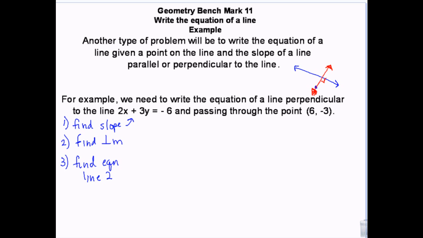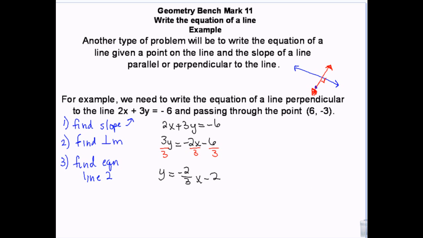So my first step, I move my x over, so I have 3y is equal to -2x minus 6. Divide everything by 3. So I have y is -2/3 x minus 2.